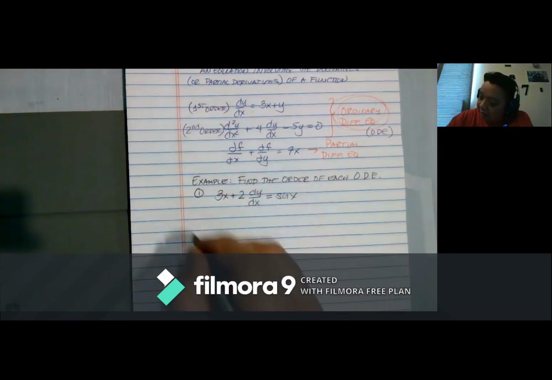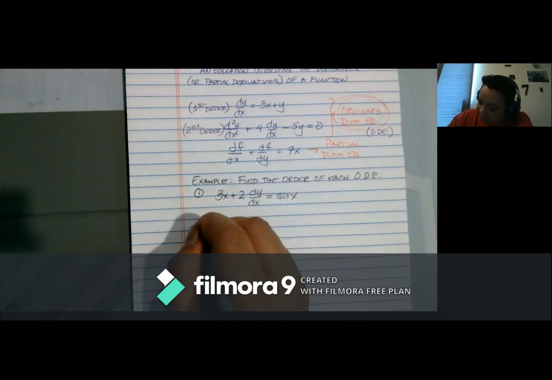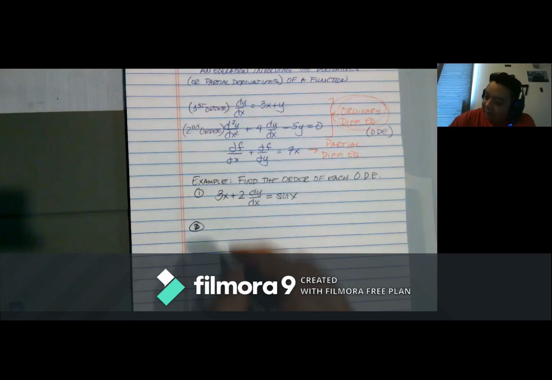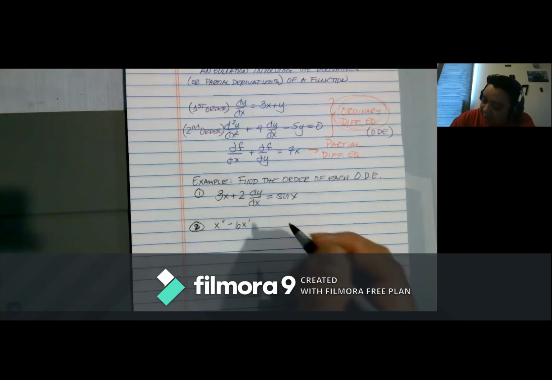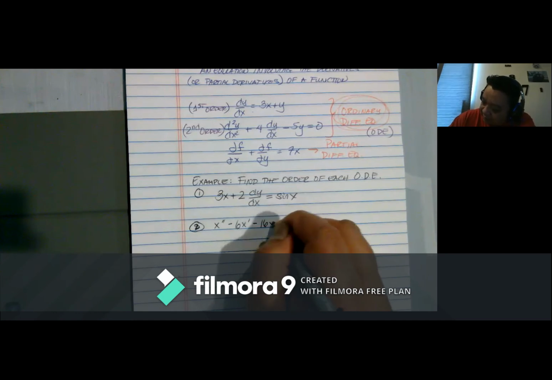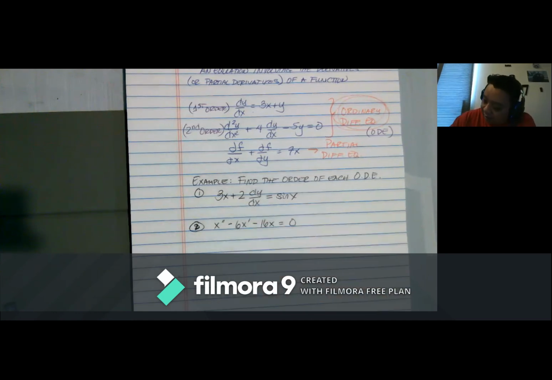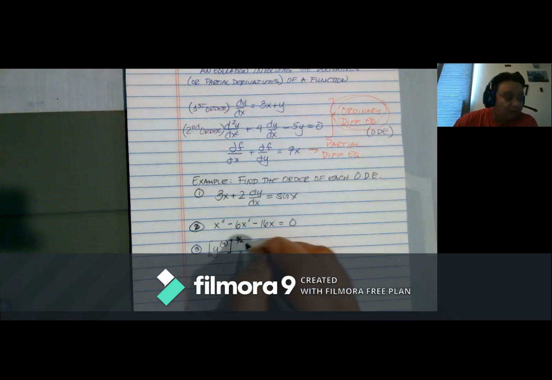Number two, x double prime minus 6x prime minus 16x is equal to 0. And number three, y superscript 4 in parentheses to the 3 halves power, minus 2y double prime is equal to cosine x.